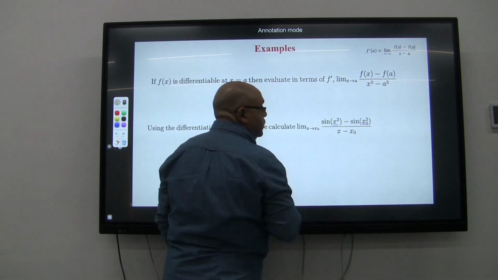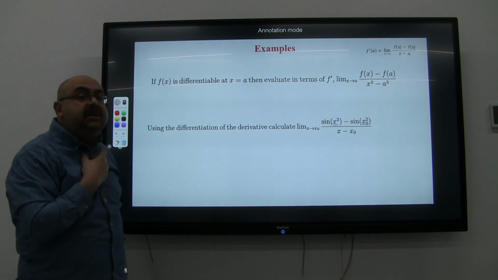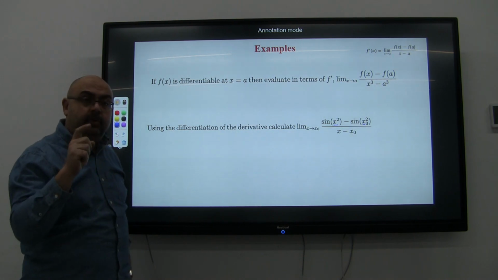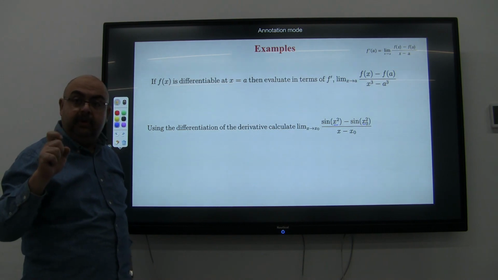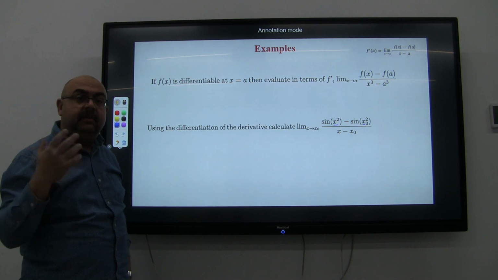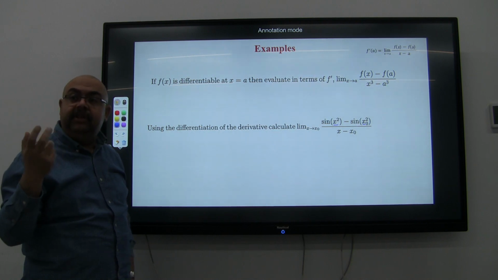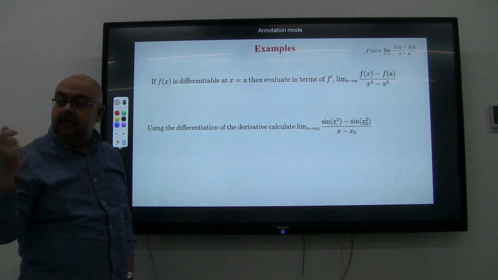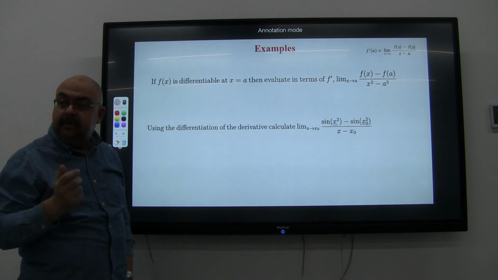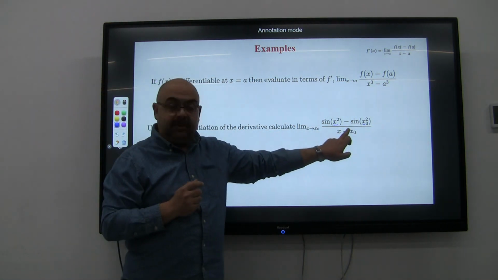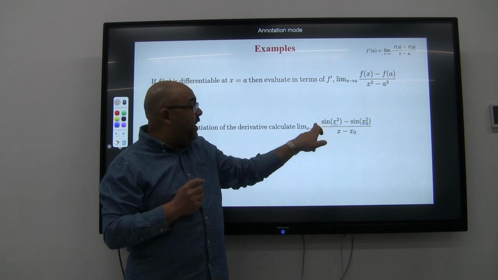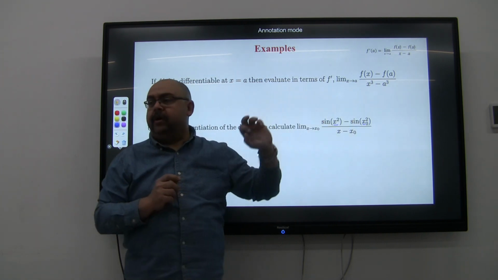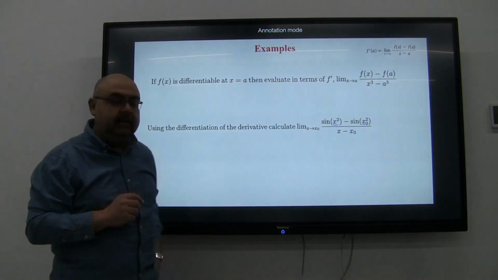I need to see in the denominator x to the power of 2 minus x naught to the power of 2. Any ideas how to get this form? Here I have x minus x naught. I want x squared minus x naught squared. How to get it?